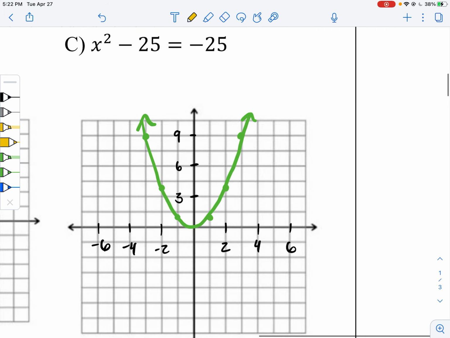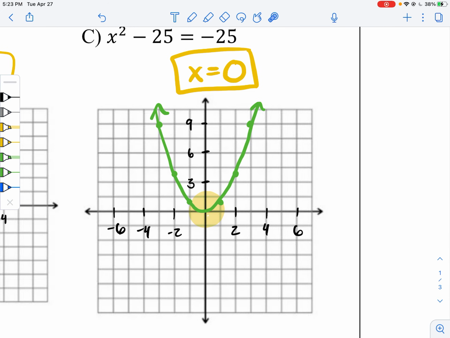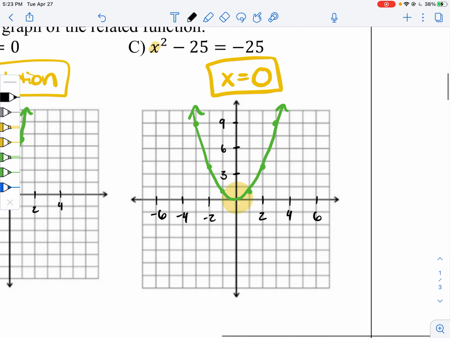Okay, look at this one. I graphed all those points, connected them, made a beautiful parabola, and it only intersects the x-axis here at x equals 0. That is its only intersection. Because there's only one x value that makes this equation true, we say this one has one solution.